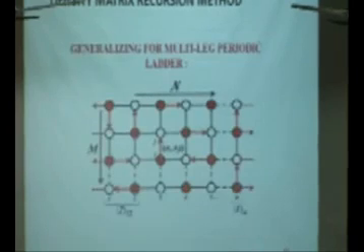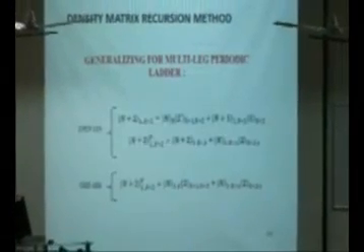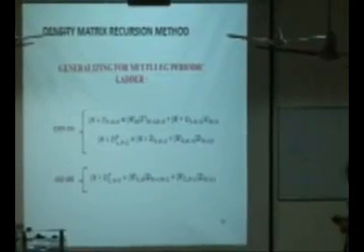So I will end here quickly. It can be generalized to multi-legged ladders, and essentially for the odd leg and the even leg, the formulas look a bit different. But I just wanted to stress this: this is n plus 2 periodic, which involves n plus 2 non-periodic and n non-periodic.